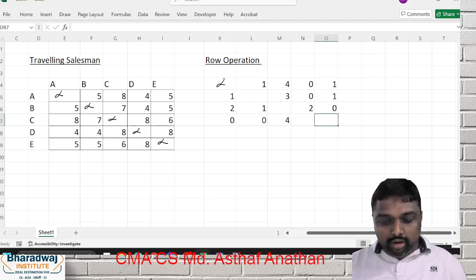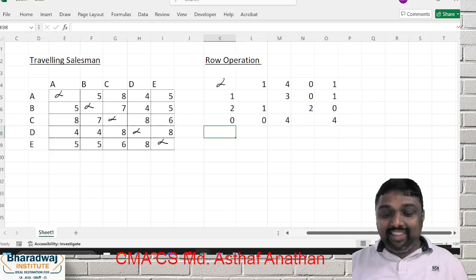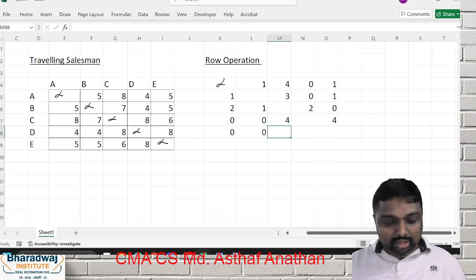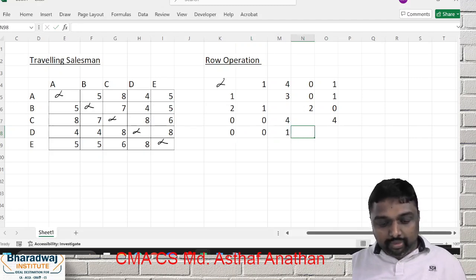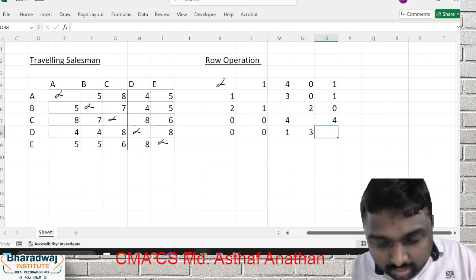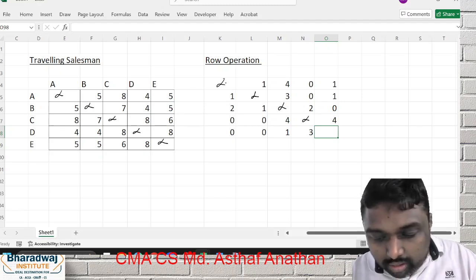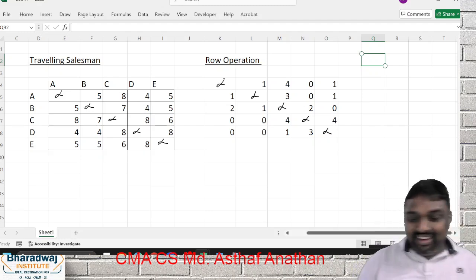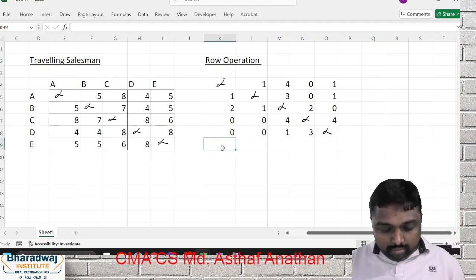Here the least number is 5, so 0, 0, 1, 3. All these are infinite cells; you won't take them out, as you cannot allocate. Now once this row operation is over, you have to go with what?